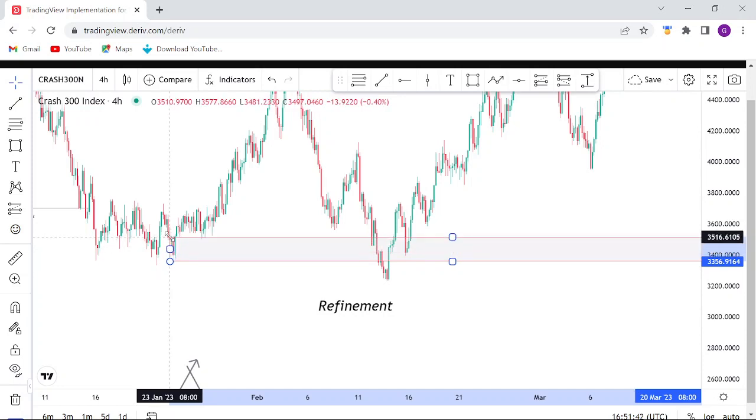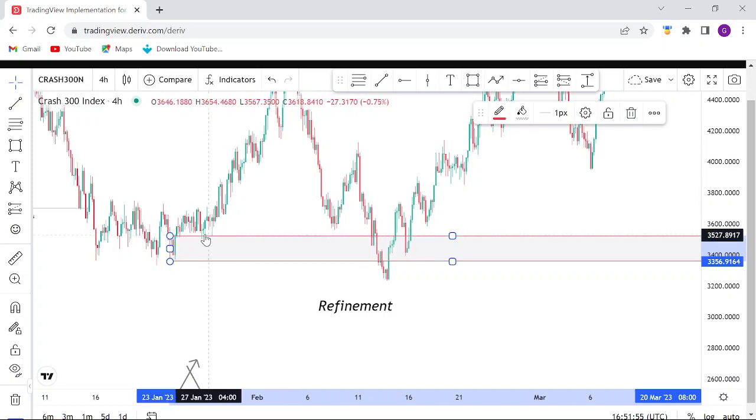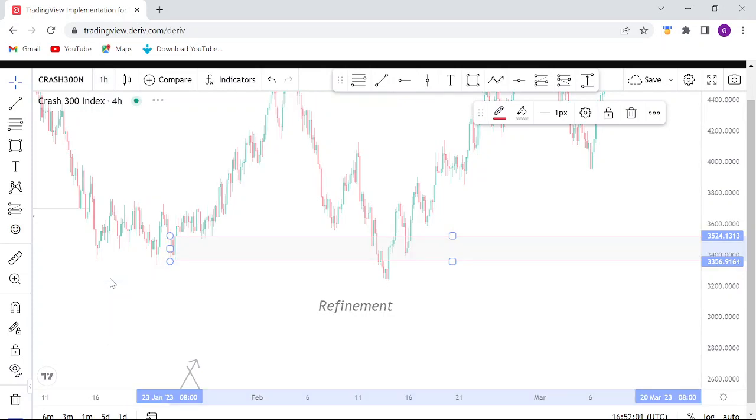So here now, as you can see with our order block confirmation, this is not a valid order block. Why? Because it is mitigated already by these candles. So let's go to the 1 hour time frame so we can refine our order block.